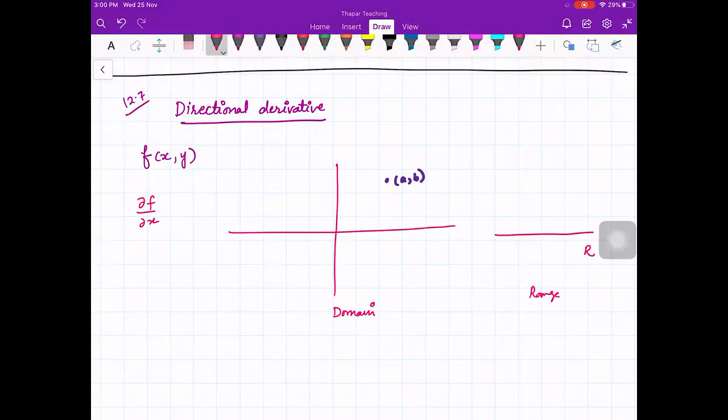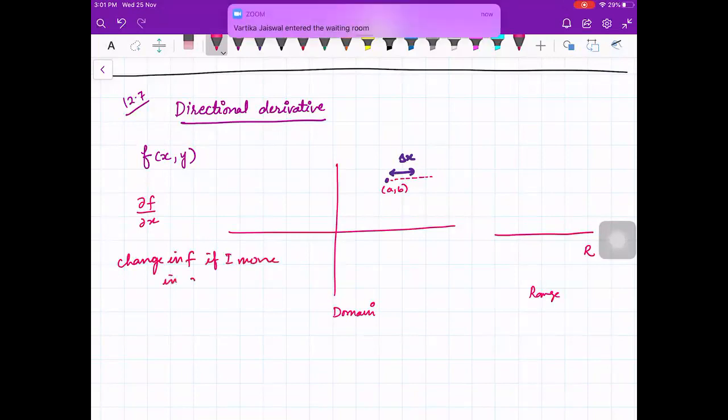It means that if I want to see change in f when I move in only x direction, if I just move in x direction, this is my x direction, this is my point (A, B), and if I move delta x here in my x direction, then change in f, if I move in x direction keeping y as a constant, will be equal to ∂f/∂x into delta x, right?